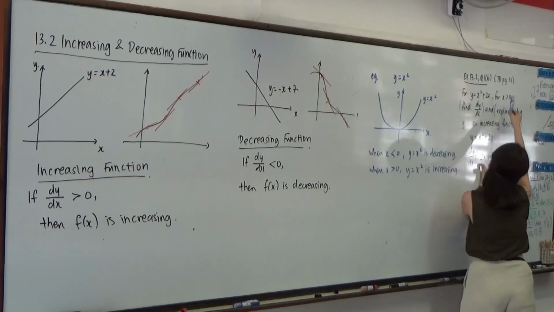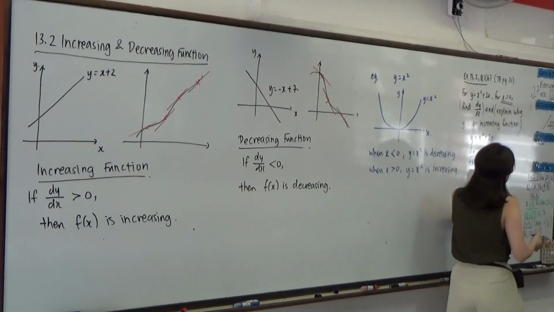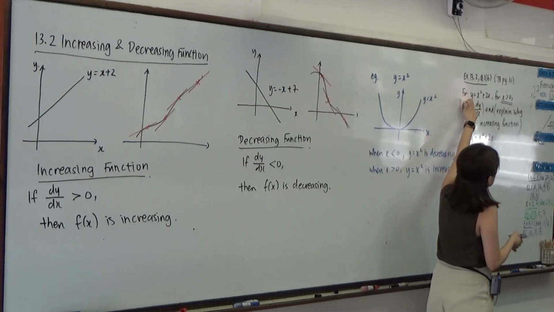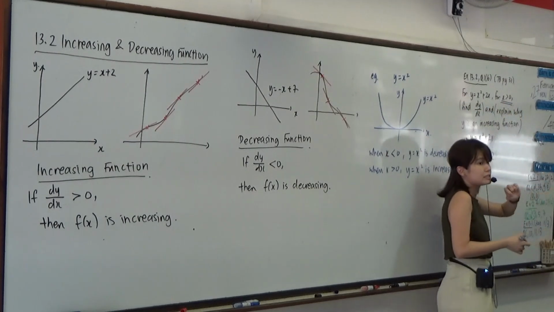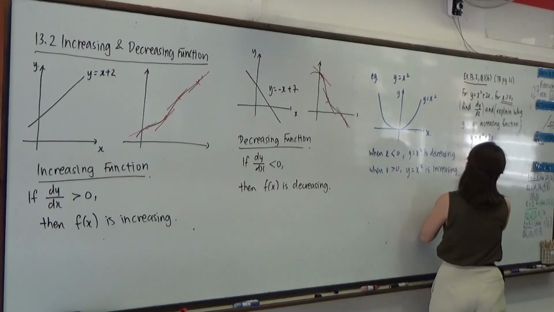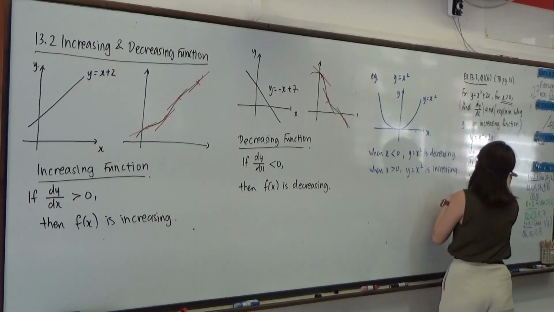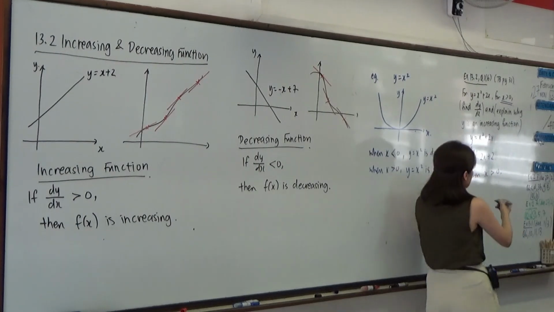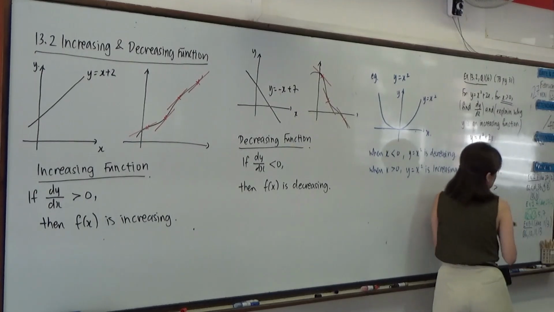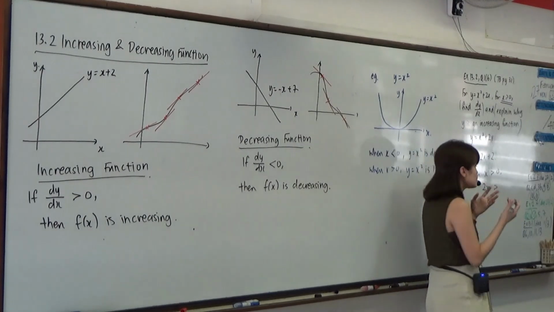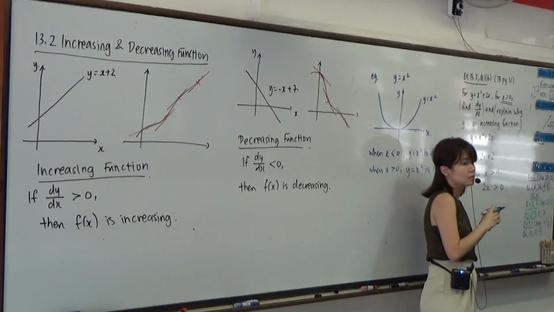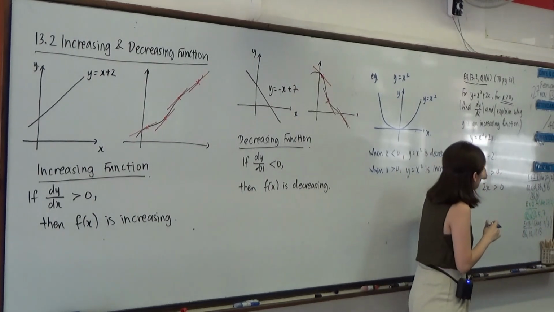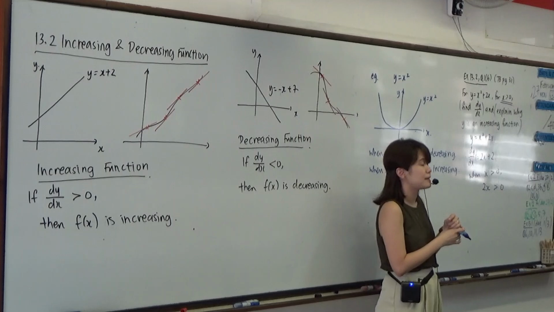So in order to explain why y is an increasing function, by showing that this is more than 0, we make use of the inequality over here, because the question says that this function is defined for x more than 0. So when x is more than 0, that means 2x itself, 2 times x, must also be more than 0. We are trying to work towards our 2x plus 2.